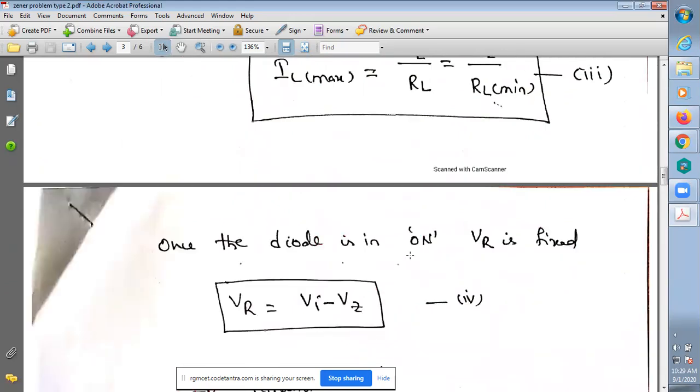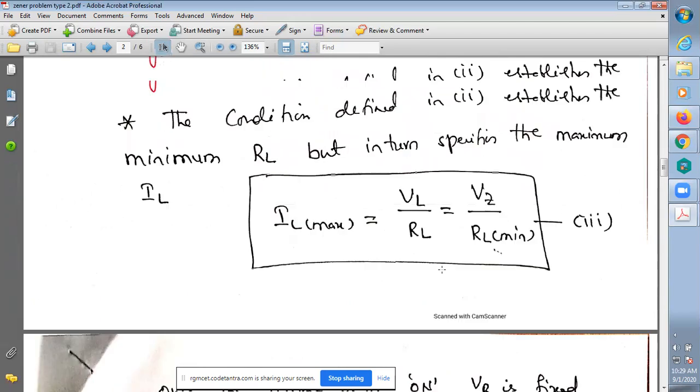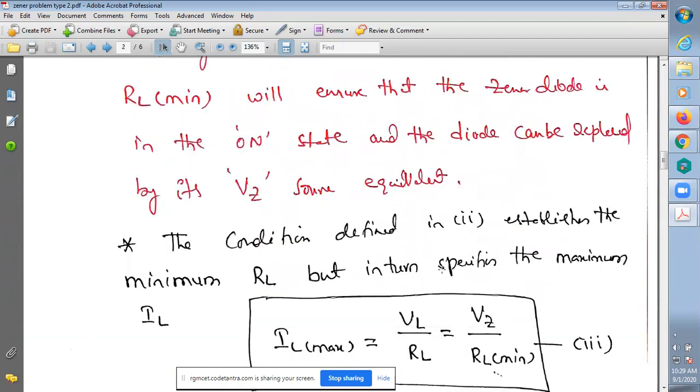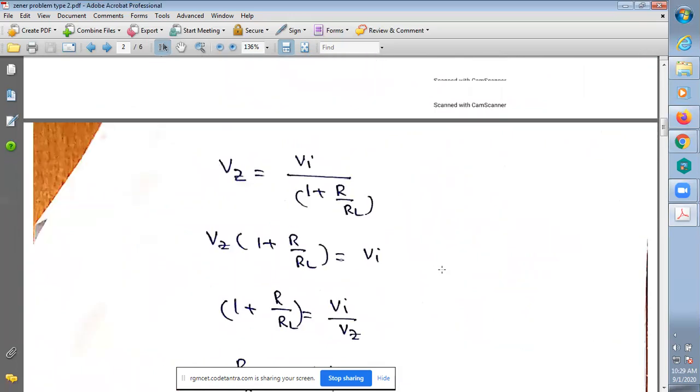Similarly, we can derive the maximum load resistance expression. By using those expressions, we can easily derive the maximum load current as well as the minimum load current. While deriving all these expressions, we are assuming that the Zener diode is in the on state. Remember this one.